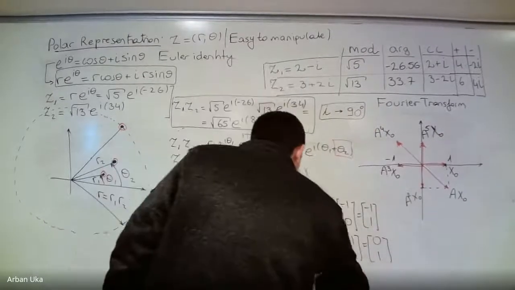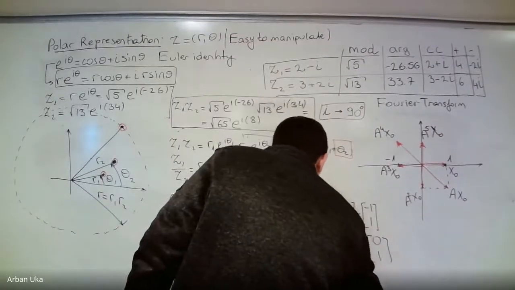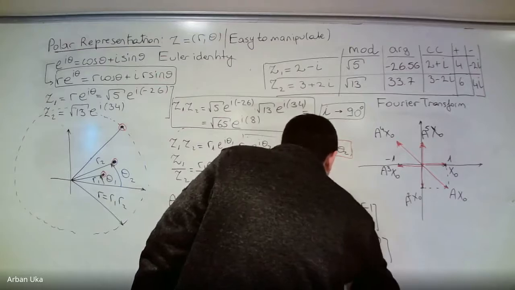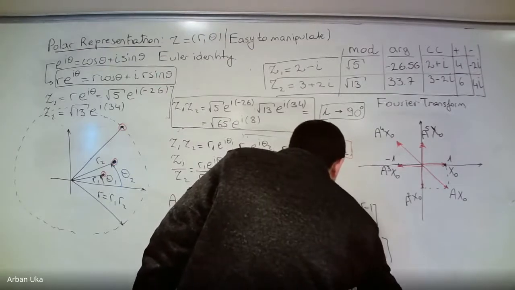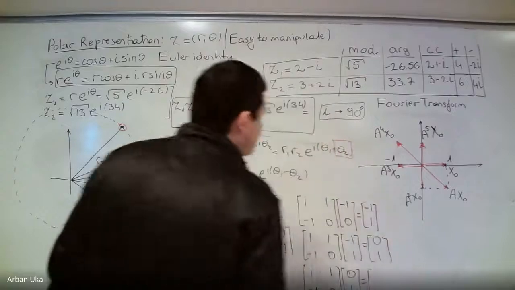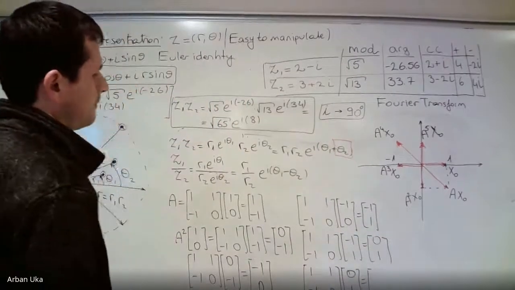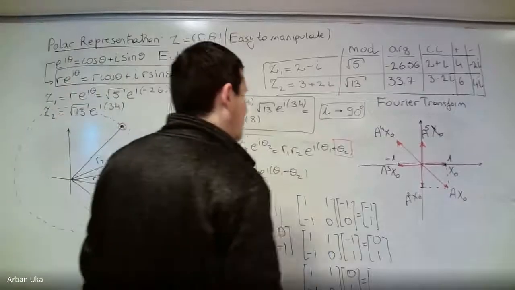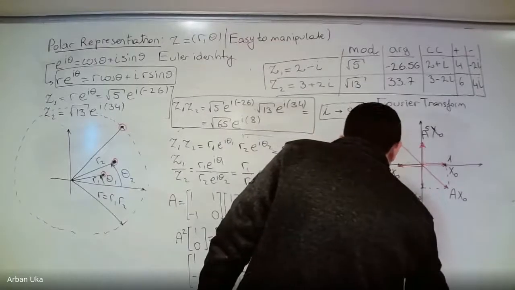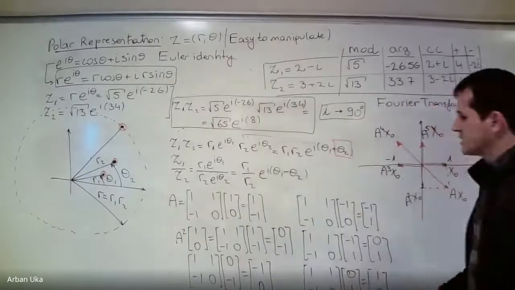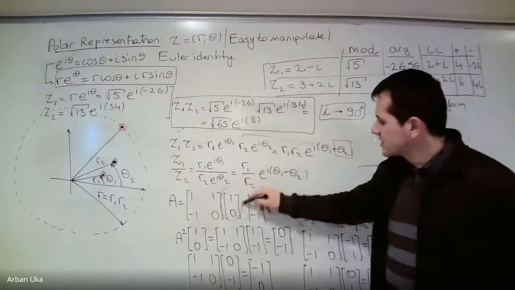We keep doing this again, and we get 1, 1, minus 1, 0, times 0, 1. What do we get here? 1, 0. So this 1, 0 is the initial x0.